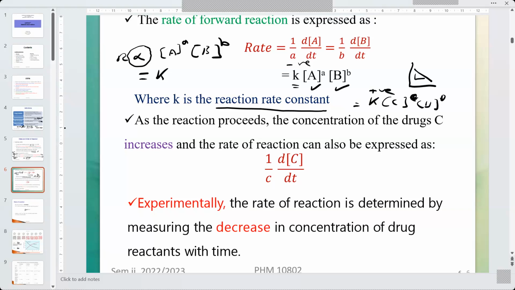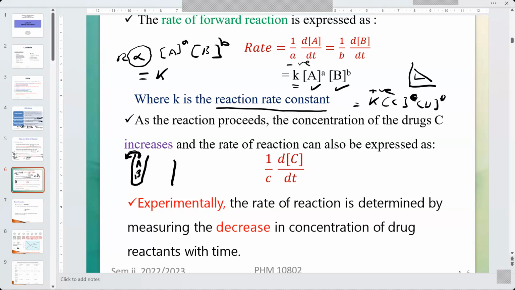Okay, so experimentally, how do we study the rate of reaction? We start a reaction in a test tube, for example. It contains the reactants A and B at a certain concentration. And then we take samples from this reaction medium every time interval, maybe every 5 minutes, every 10 minutes, depending on the speed of the reaction.